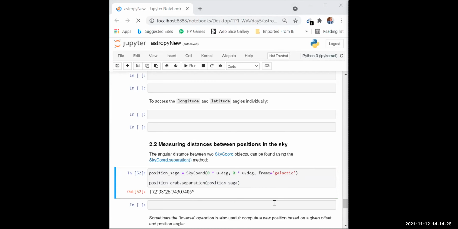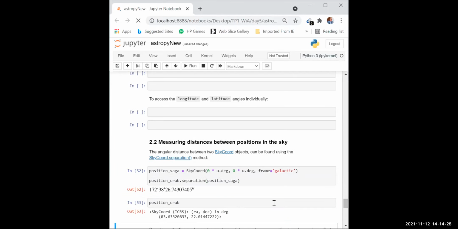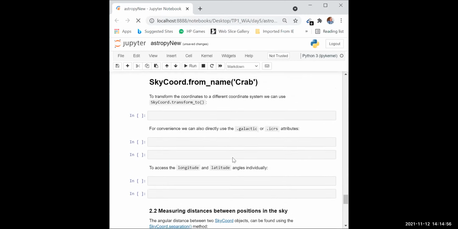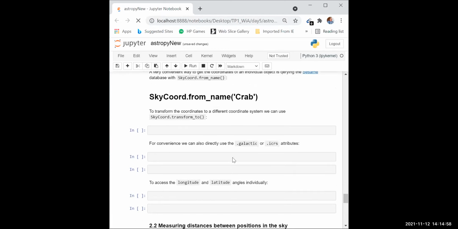If you recall, the position of the crab was 83.6 and 22.4 in RA Dec. The first one you see is in galactic, and the second one is when we had run position crab in RA Dec, so it was stored as RA Dec.